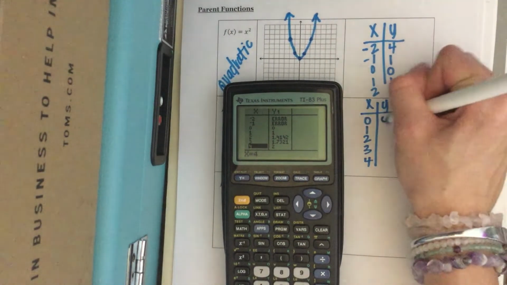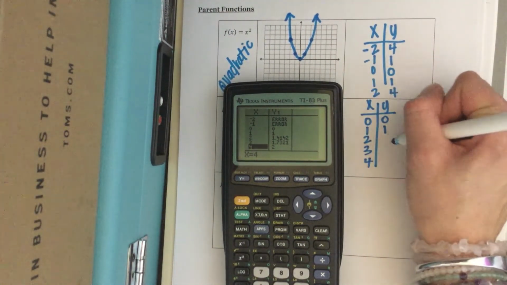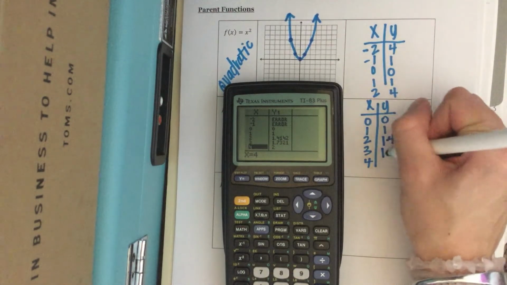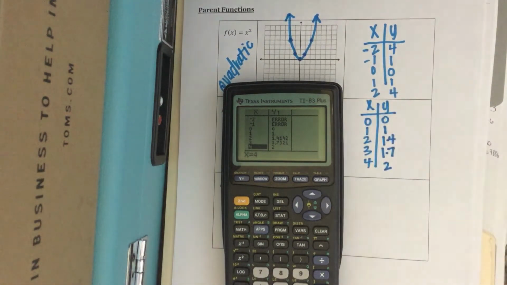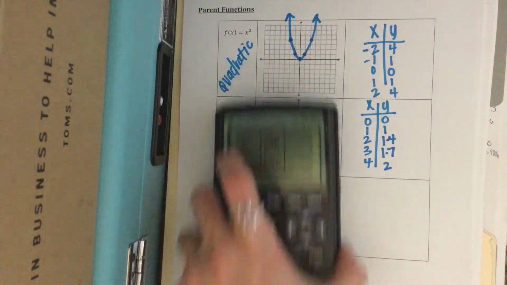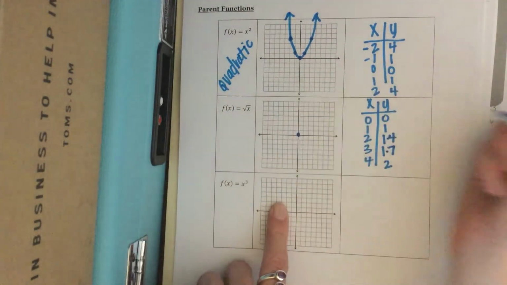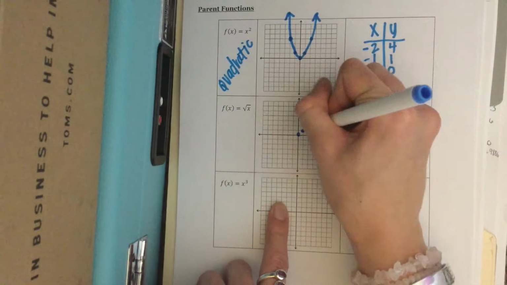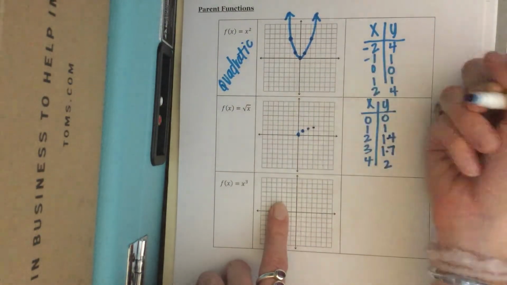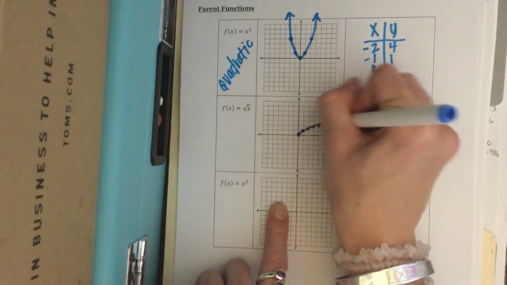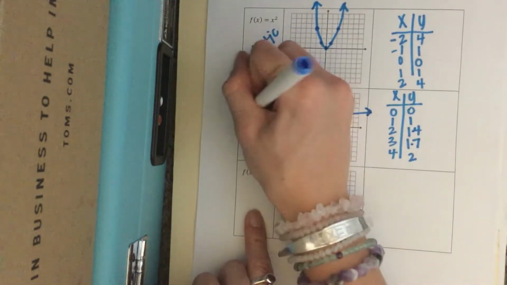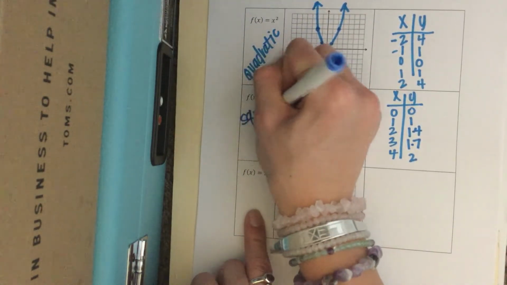So 0 gives 0, 1 gives 1, 2 gives 1.4, 3 gives 1.7, and 4 gives 2. I can graph that: 0, 0; 1, 1; 2, 1.4; 3, 1.7; 4, 2. And this is called the square root.